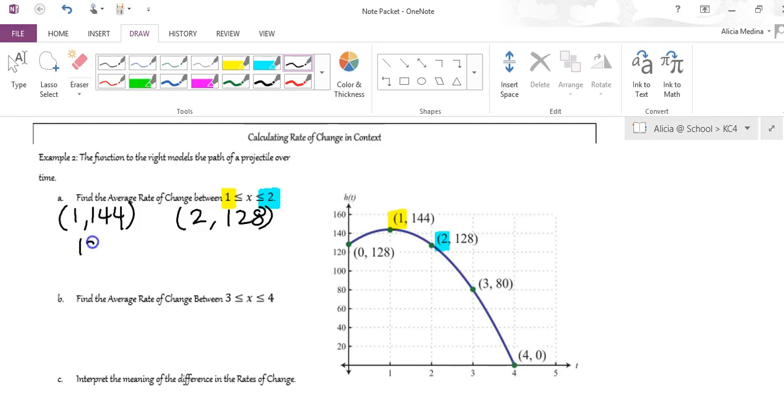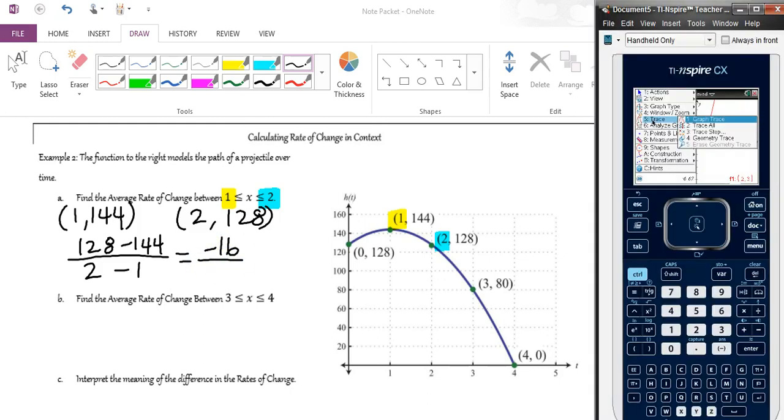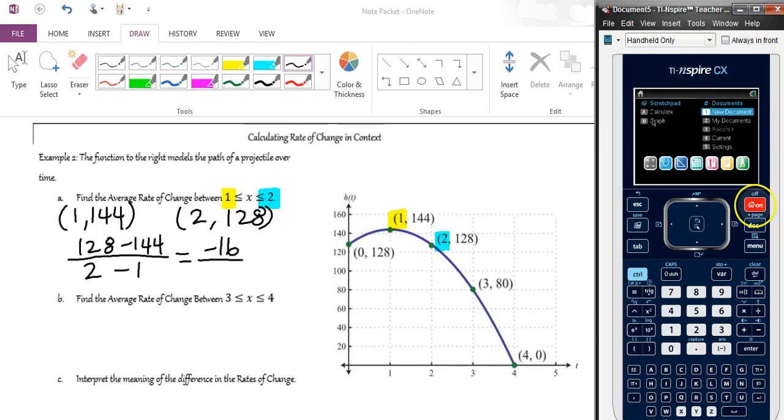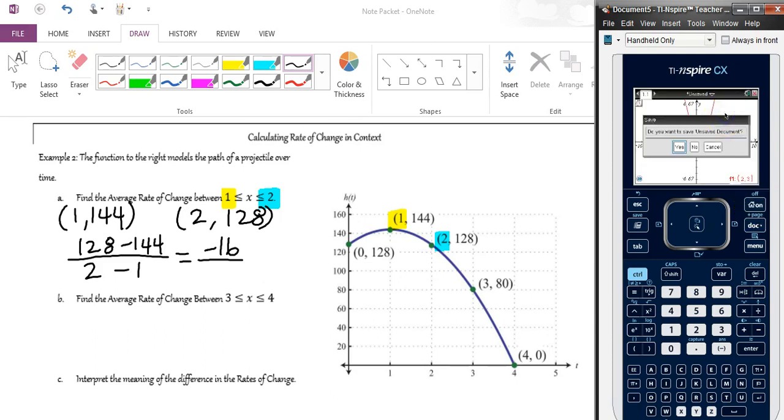So I'm going to take my 128, subtract 144, over 2 minus 1, equals... 128 minus 144 is negative 16. And if you need your calculator, feel free to use it.